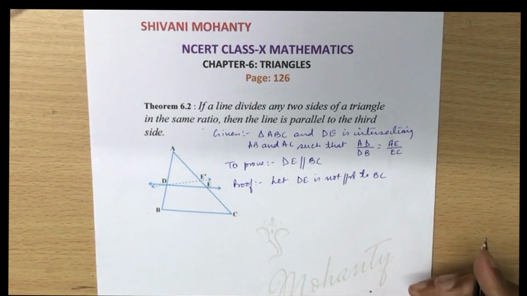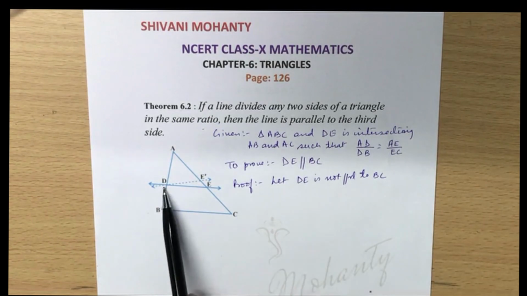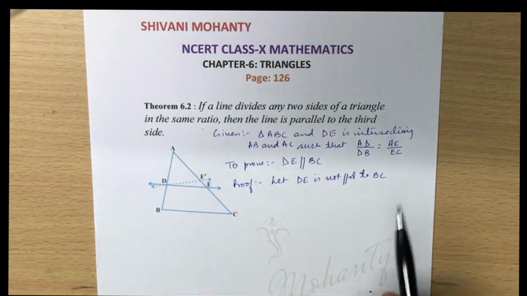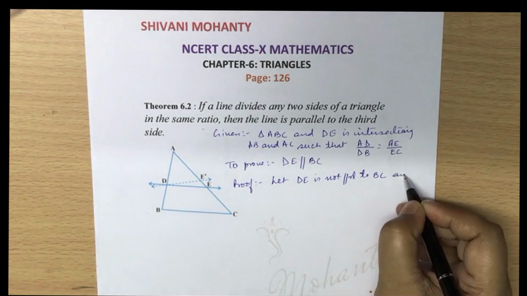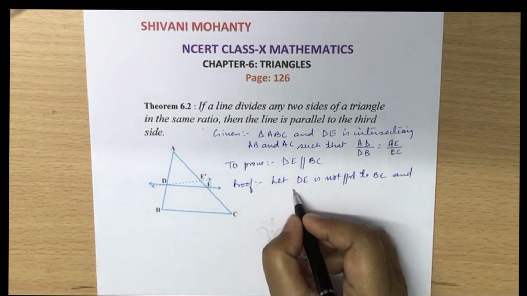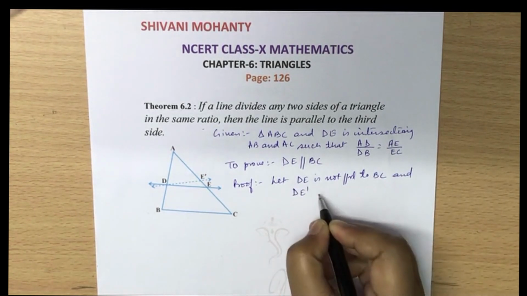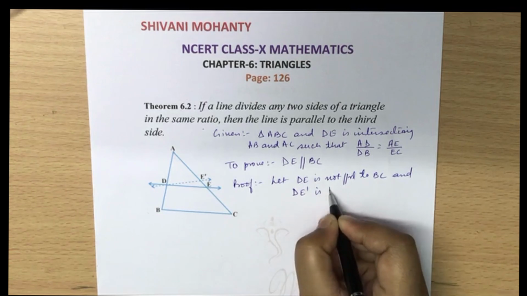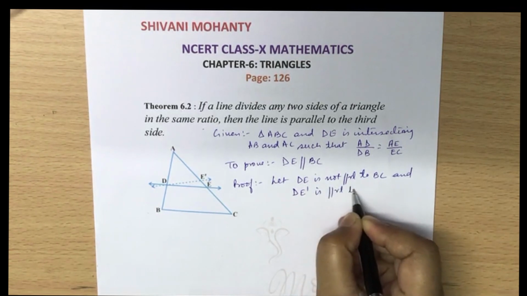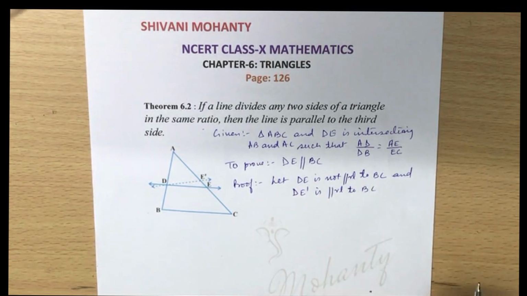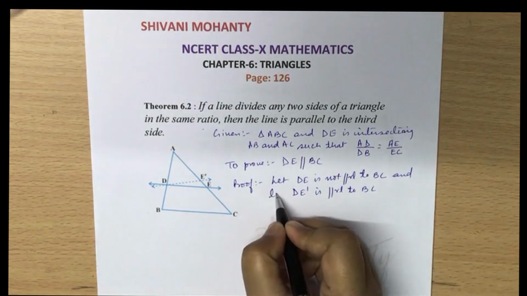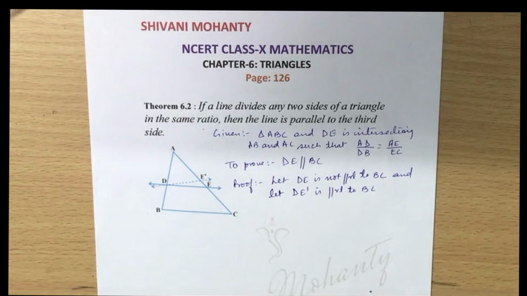If it is not parallel to BC, then there is some other line from D which is parallel to BC. What is that line? Let DE dash be parallel to BC.